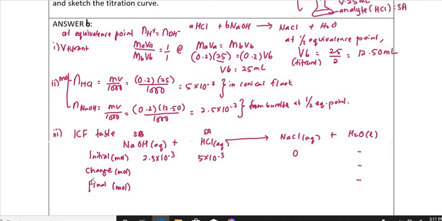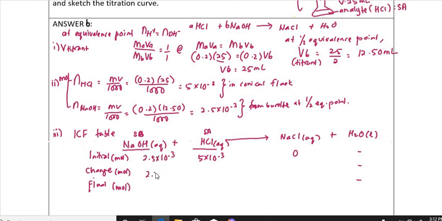Now, for ICF table, as usual, we don't use the X, unknown X. Okay, only I table we use X. For this ICF table, as usual, you must select the value that has limiting reactant. That means compare the first reactant here and the second reactant here. Which one has the smallest mole for the initial? The answer is NaOH, because the smallest mole in the initial row.